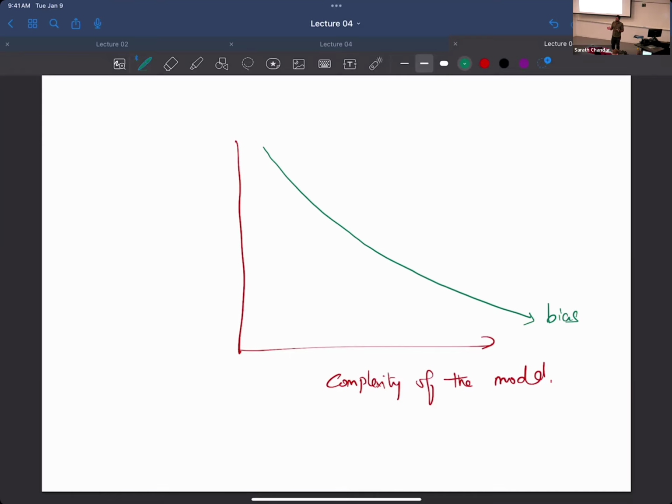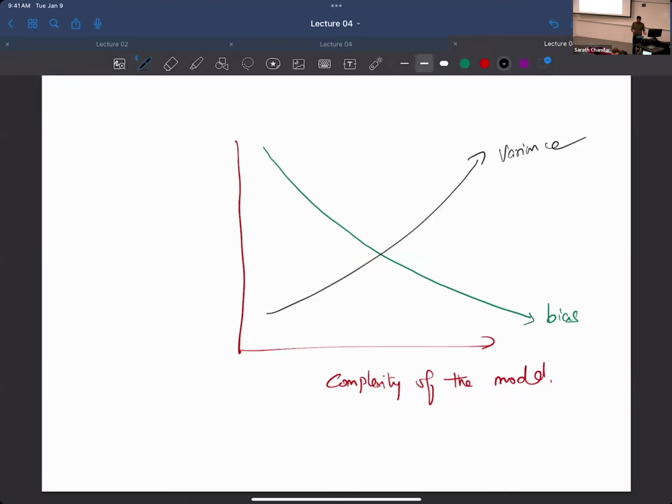A more complex model can cover a larger class of hypotheses. Now this also comes with the risk that your variance increases as the complexity of the model increases. The other way to say this is, as the complexity of the model increases, you need more data to reduce the variance. There's a chance for overfitting, so you need more data to reduce the variance. Is that clear?